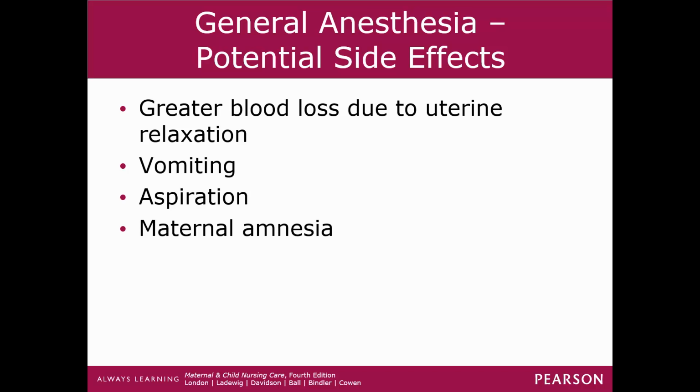And for some reason, when they were doing the spinal, they could not get her anesthetized. They could not get her numb for whatever reason, okay? Or maybe they couldn't even get the spinal. That's pretty rare, but I have been the nurse on occasions where we've had to put a woman to sleep because we could not get the spinal to work. So that's another reason why we would do general anesthesia.